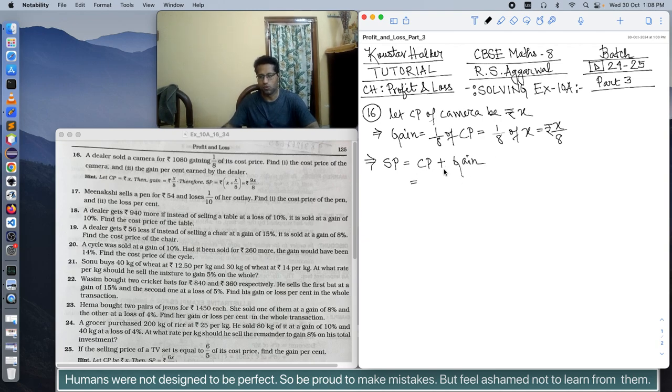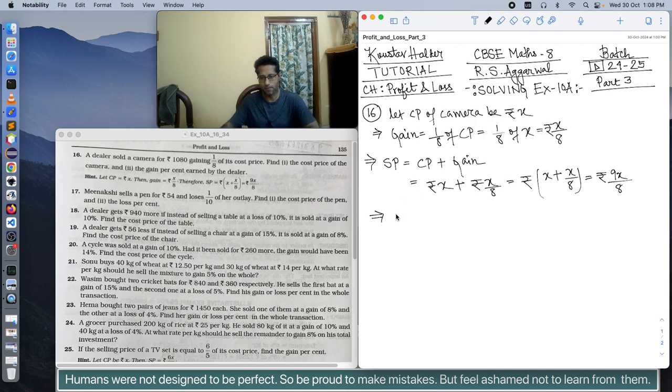So this is equal to cost price rupees X plus gain rupees X by 8, which is equal to rupees X plus X by 8, which is rupees 9X by 8, the selling price. And the camera was sold at rupees 1080, that is, the selling price is given to be 1080.